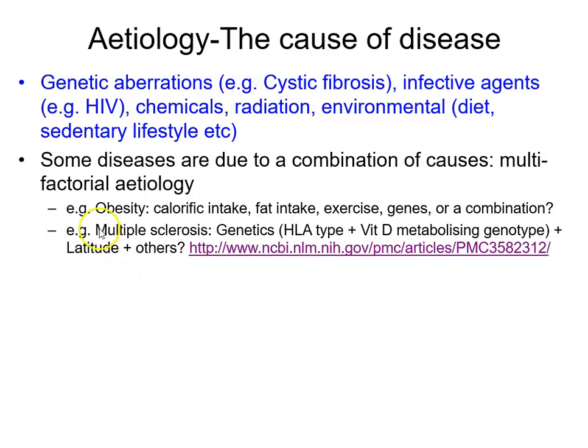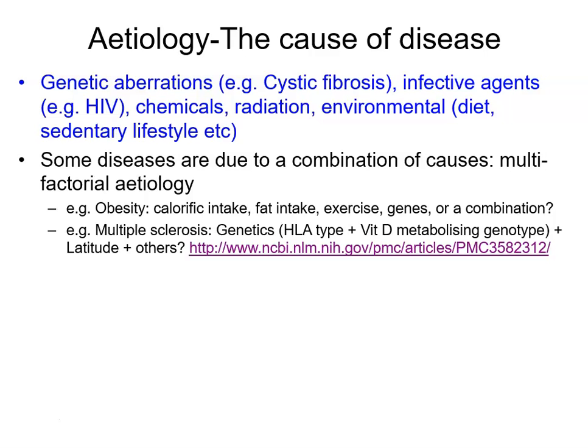And what we're finding is that patients who live in a northern latitude with very little sun, so people who live in the Orkneys or Shetland Islands who don't exactly get an awful lot of sun, if they have a particular genotype that predisposes them to MS, they may well develop MS. If they have that same genotype but live in a far sunnier climate, South Africa, Australia, somewhere like that, those patients are very unlikely to develop MS because vitamin D metabolism is different depending on the amount of sunlight you get.